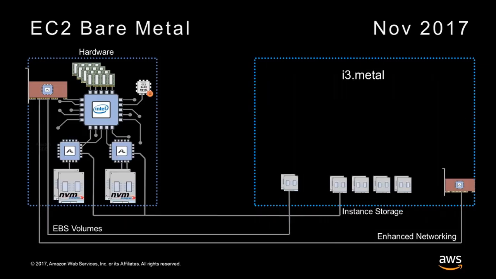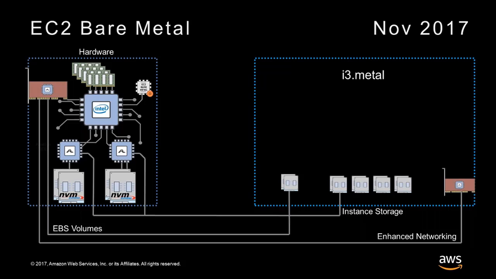So this leads to a really interesting point in that if the hypervisor really doesn't do that much anymore, do we really even need it? And that's what led us to build the i3.metal instance. So by adding an additional component in the system, namely the Nitro Security processor, we were actually able to implement security entirely in hardware, and that allows us to allow customers to run any workload they'd like directly on the underlying processor without going through a hypervisor.